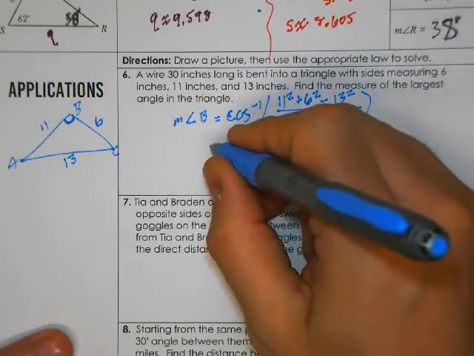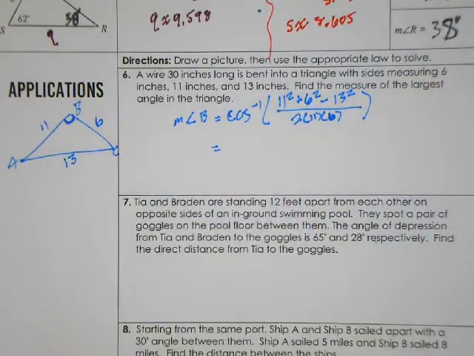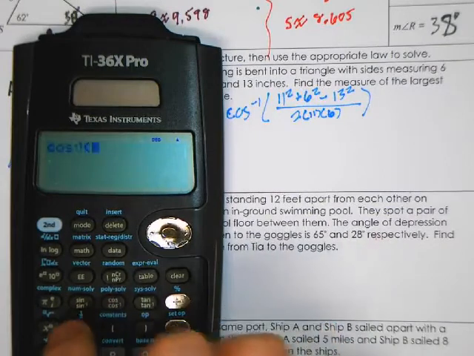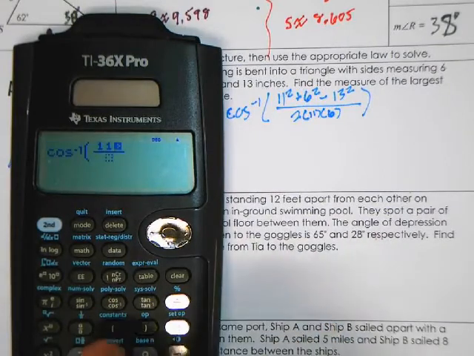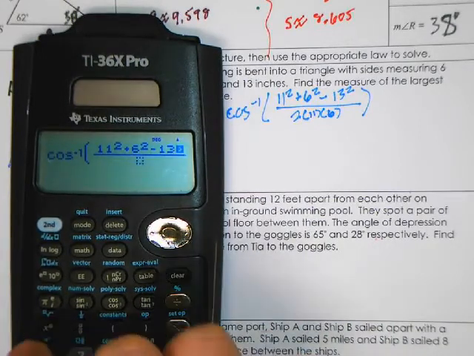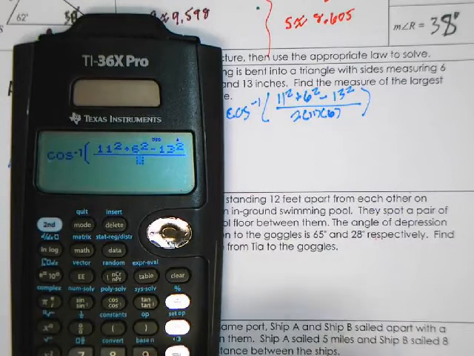Here it's just a matter of plugging it into the calculator once you know what the formula is. Go to the calculator: inverse cosine of 11 squared plus 6 squared minus 13 squared over 2 times 11 times 6.